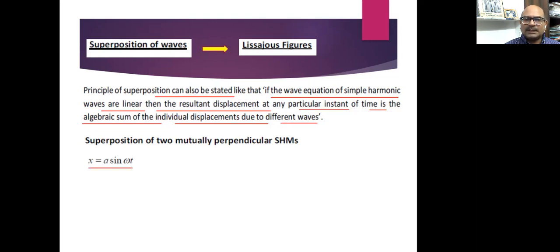Suppose one wave is moving in x direction and another wave is moving in y direction. So from x is equal to a sine omega t, we can make out sine omega t as x by a, and from y is equal to b sine (omega t plus phi), because these two waves will have some phase difference.